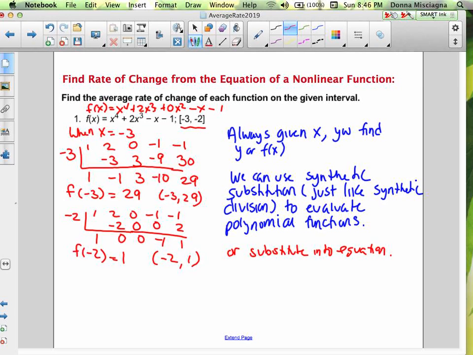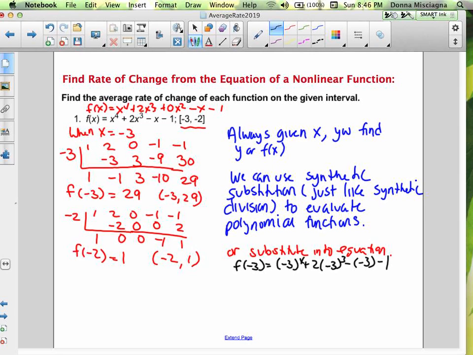All right, so now if we didn't want to use synthetic substitution, we could just substitute into the equation. Then we would have f of -3, and that would be -3 to the fourth power plus 2 times -3 cubed minus a -3 minus 1. A little bit more computation.